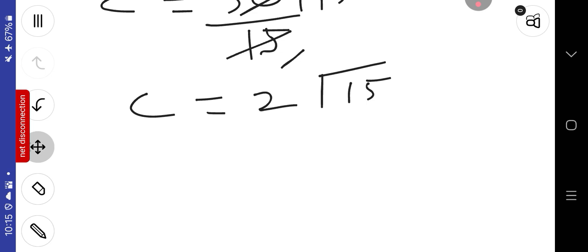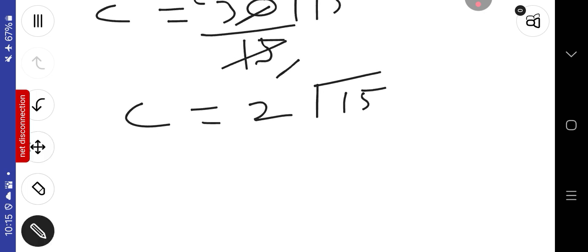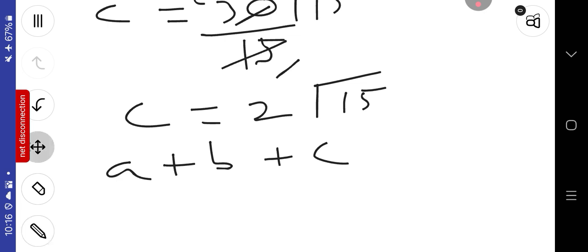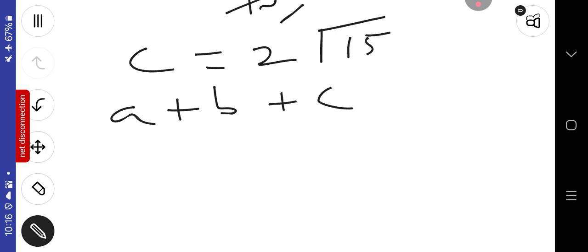The question asks us to find A plus B plus C. So we need to add the values for A plus B and then C. Now we know that A is square root of 15.